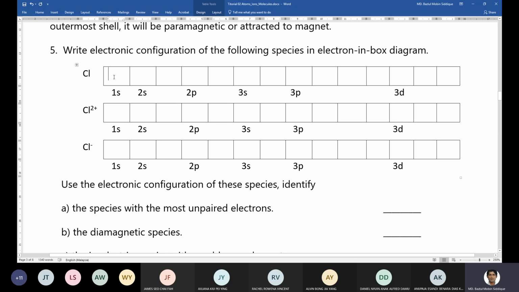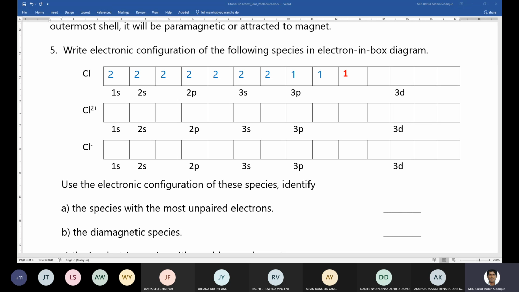I cannot draw it here. The maximum in each box is 2, so 2, 4, 6, 8, 10, 12, 14, and then there will be 1, 1, 1. So there will be 17 electrons for chlorine. Is that correct?